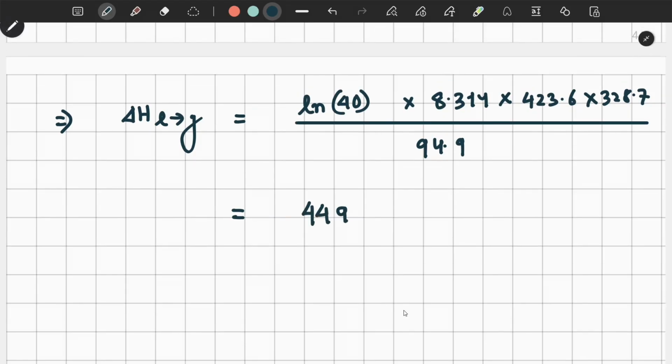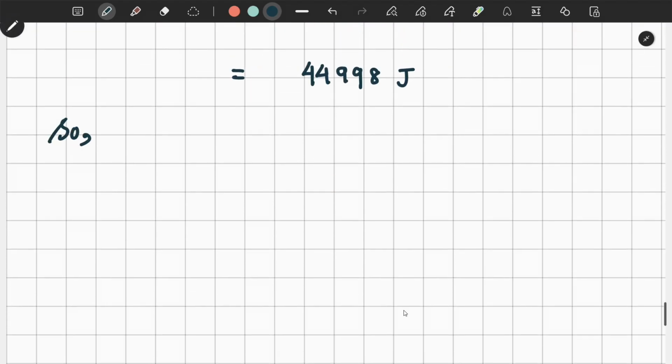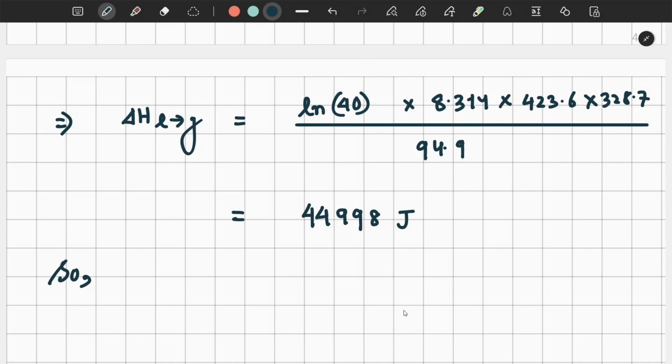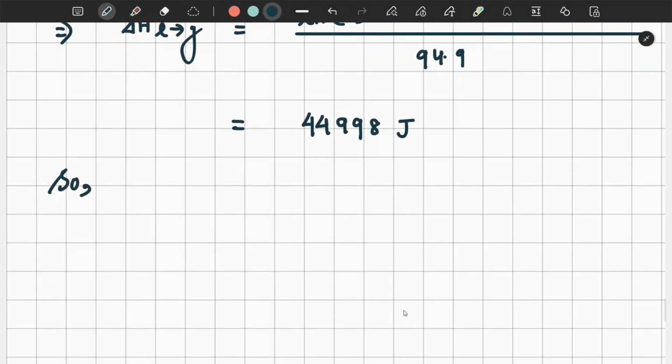This is 44998 joule. Is it matching? 0.0741, that you can ignore.